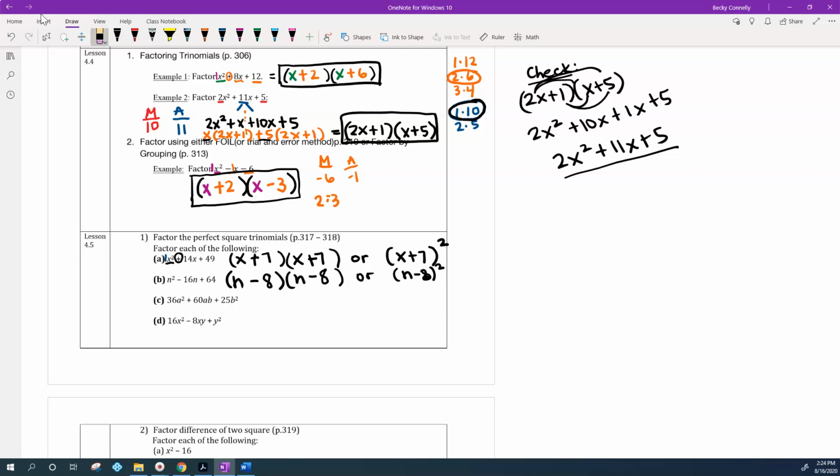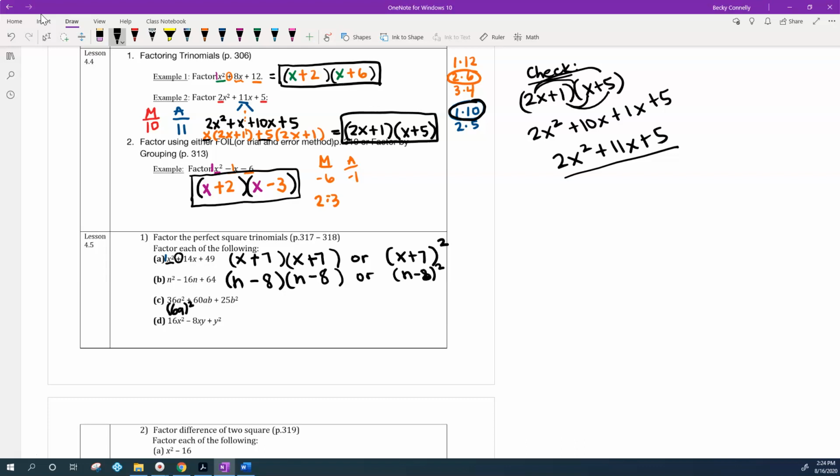So how could I get to 36a squared? Well, that would be the same thing as 6a times itself. So I'm going to write down 36a squared as 6a in parentheses all squared. If I square that, I get the 36a squared.